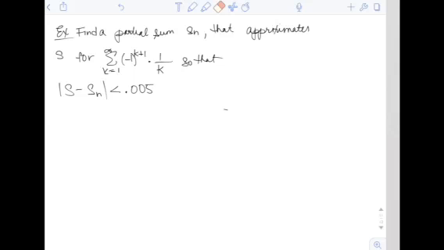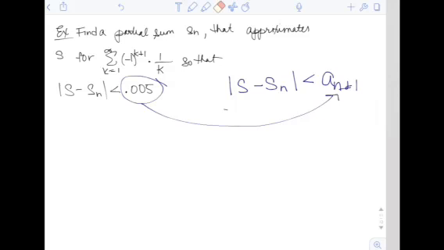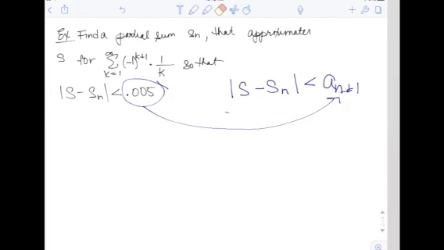To clarify, we just learned in the previous theorem that s minus s sub n is always less than a sub n plus 1. So our a sub n plus 1 is 0.005. That's this right here. So 0.005, oops, didn't work again, 0.005 is a sub n plus 1.